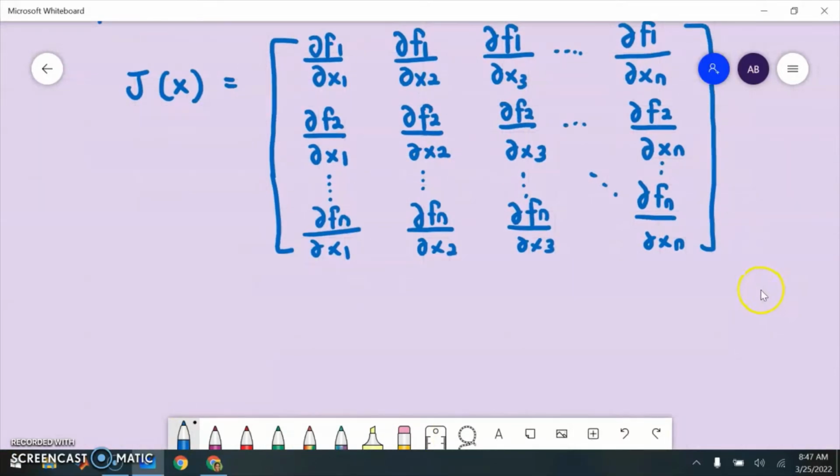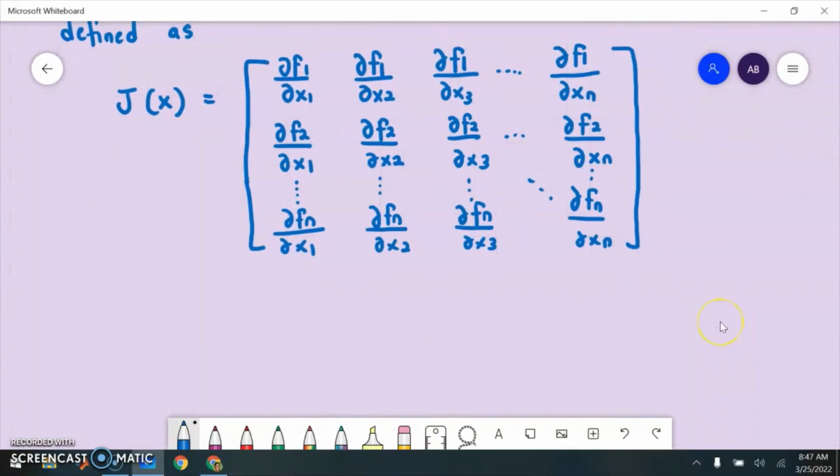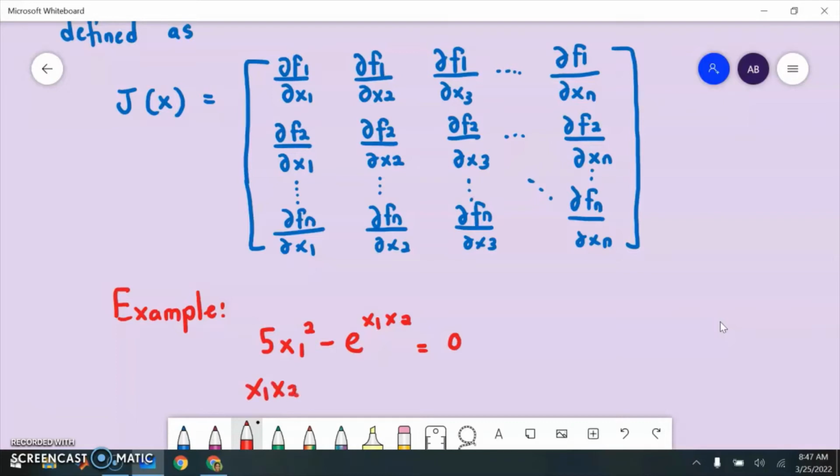Now, to understand what this means, let's look at an example. This is a very straightforward example. For instance, say I have the given functions 5x1 squared minus e to the x1 x2 equals 0, and x1 x2 plus 2 cos x2 equals 0.